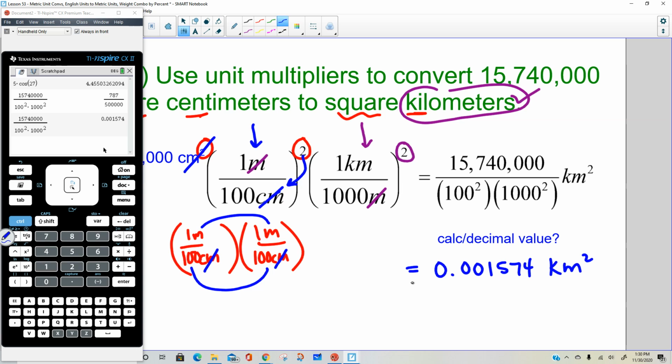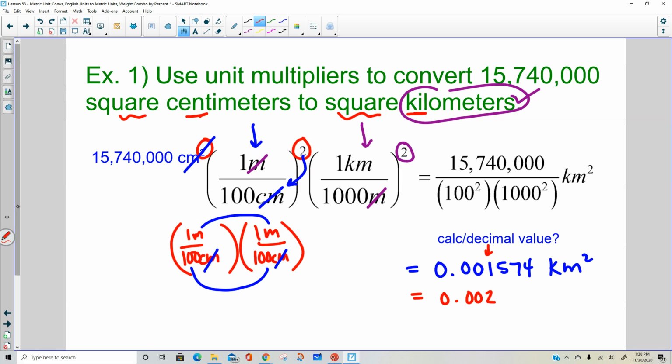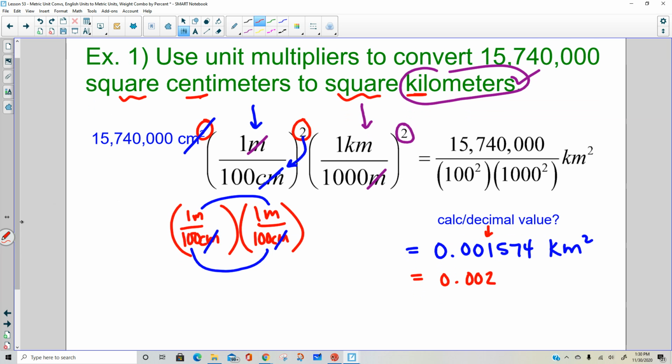We always round to 3 decimal places. I'm going to change that a little bit. If I round this to just the 3rd decimal place, that would round up to a 2, but 0.002 is not as accurate as I want it to be. I'm losing a little bit of exactness, if you will. Losing a little bit of precision if I do that.